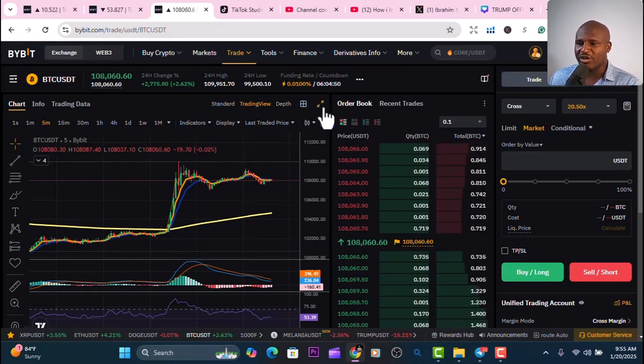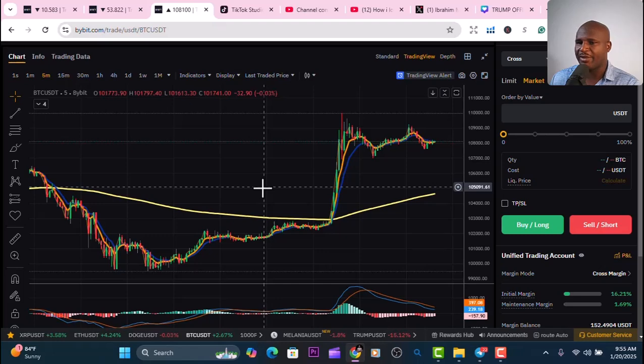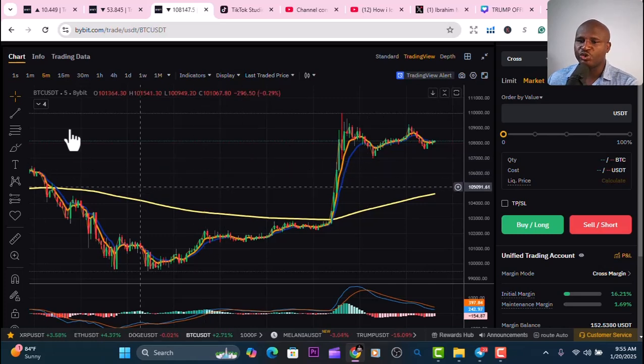You can get the link to Bybit if you don't have an account. You may not trade with Bybit, but you can use their system to do your own analysis. If you are using Binance too, the link is in the description below. All of them have TradingView that you can use to do analysis.